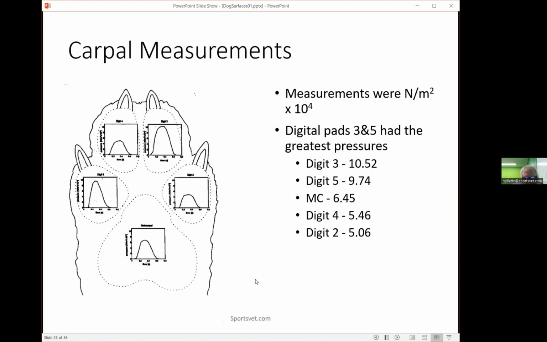Well, if you come down here and look at what we did, that's not necessarily true. This is digit 5, this is digit 3. But if you look at the timing, and this is measured in Newton meters per meter squared times 10 to the 4th, it's a timing thing. This digit over here happened before this digit did, and this carries a lot of force as well. So it's distributed across.